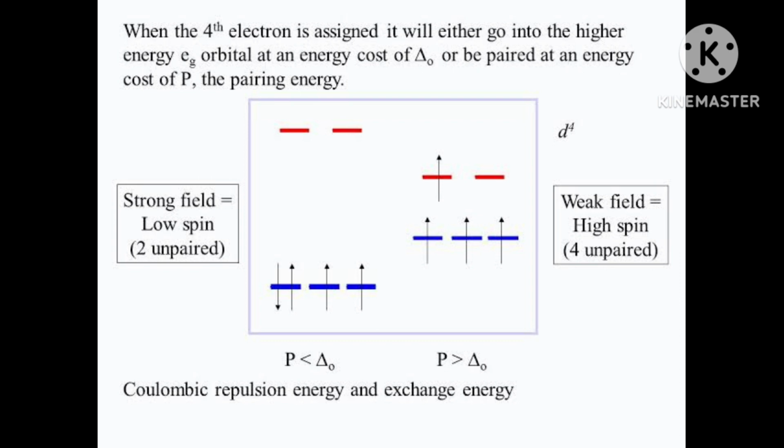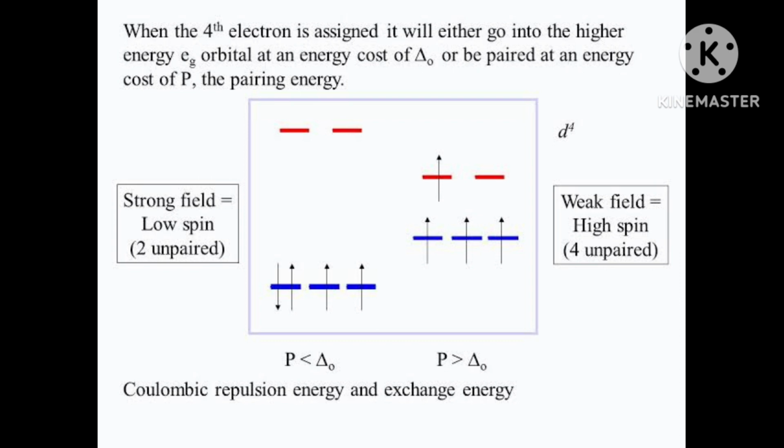Before splitting, the energy is the average energy of the d orbitals in a spherical crystal field. In the third step, splitting will take place: splitting of d orbitals in a tetrahedral crystal field.